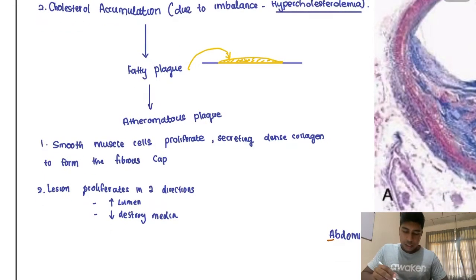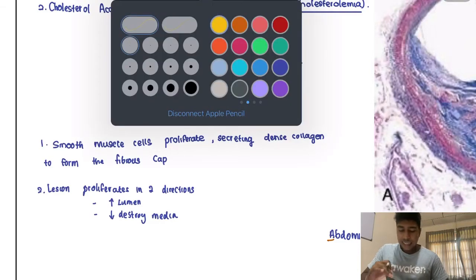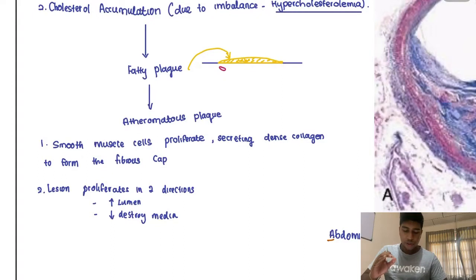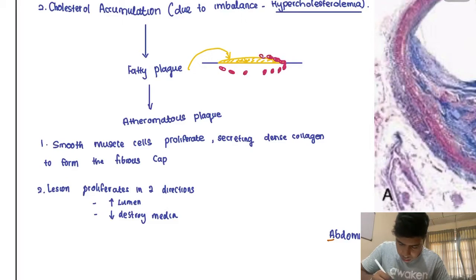These plaques will be present in almost everyone. Then it is going to harden into the atheromatous plaque. So what happens here is the smooth muscle cells will start dividing and proliferate.